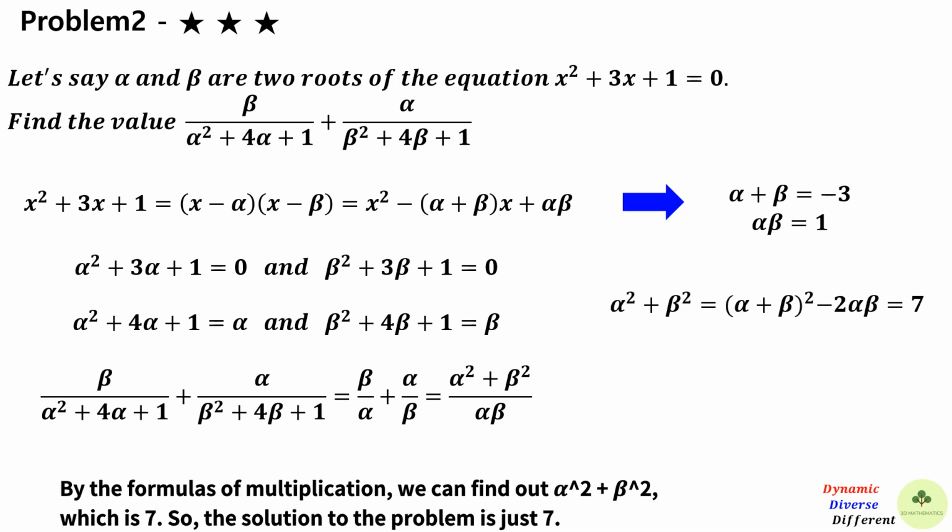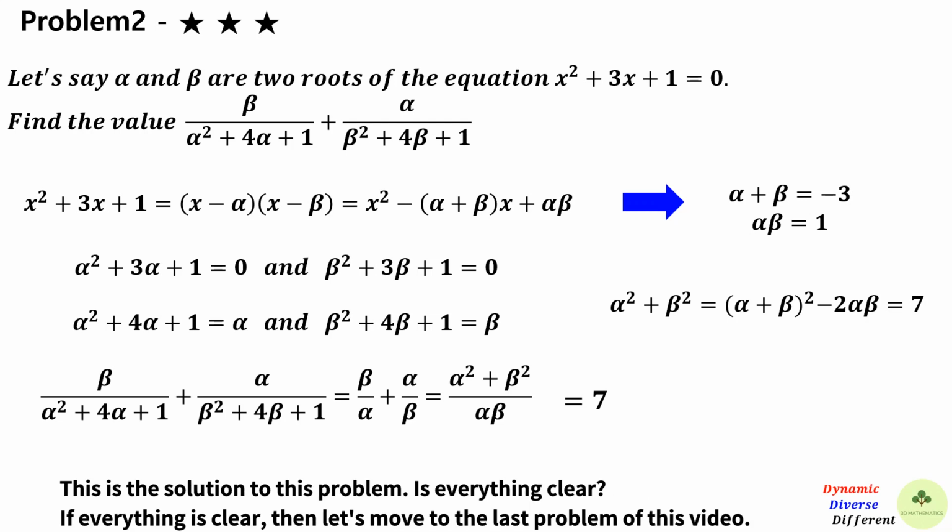By the formulas of multiplication, we can find out alpha squared plus beta squared is 7. So, the solution to the problem is just 7. This is the solution to this problem. Is everything clear? If everything is clear, then let's move to the last problem of this video.